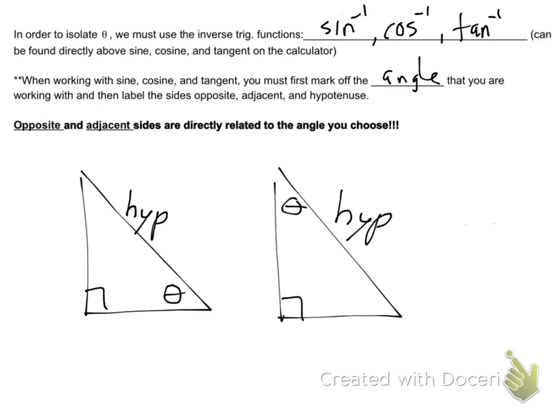Opposite is the side that the angle opens to. So opposite is the side that theta is opening to. So on the left one, it's on the left. But on the triangle on the right, it opens to the bottom.